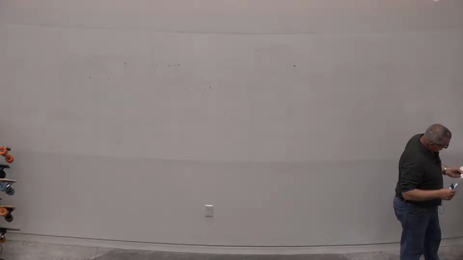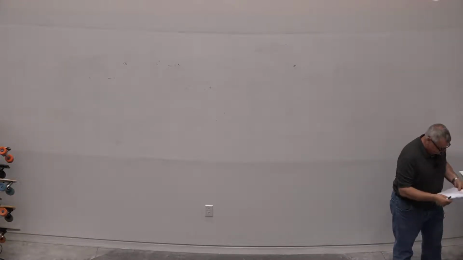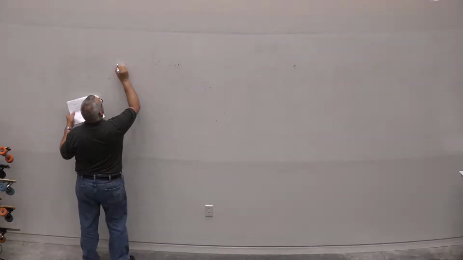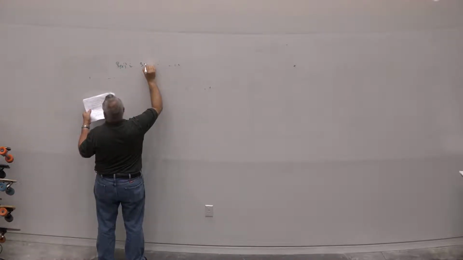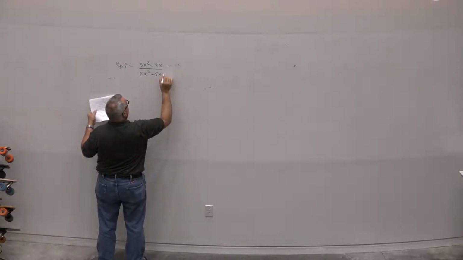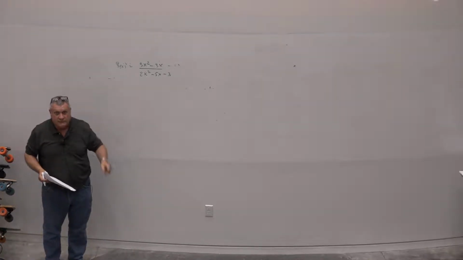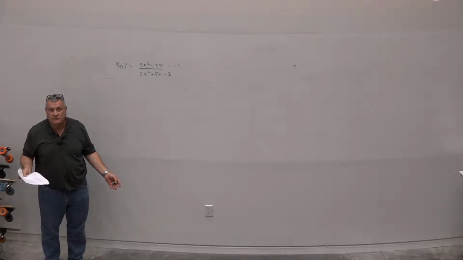Okay. I know you forgot this. What kind of function? Got horizontal and vertical asymptotes, maybe oblique.